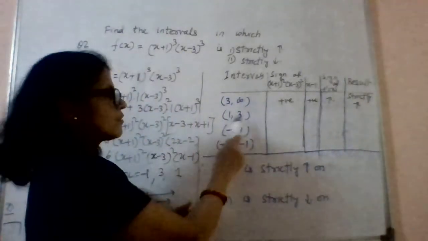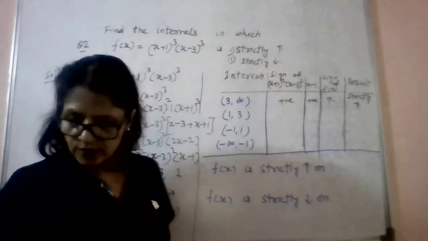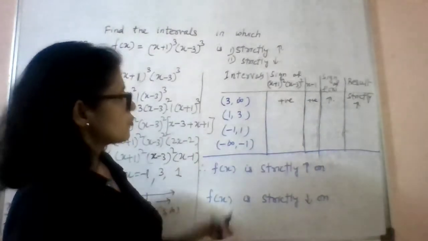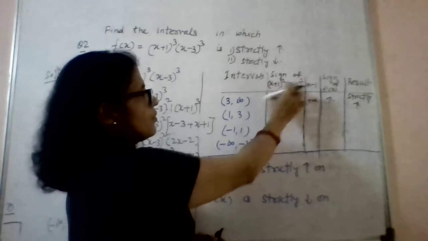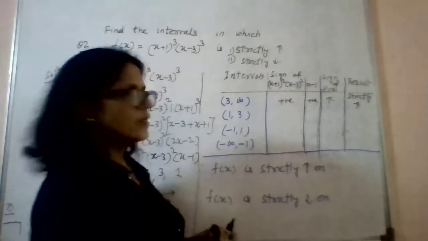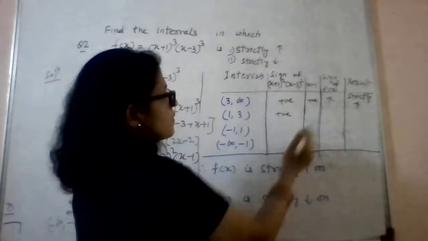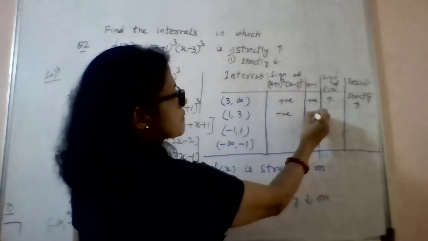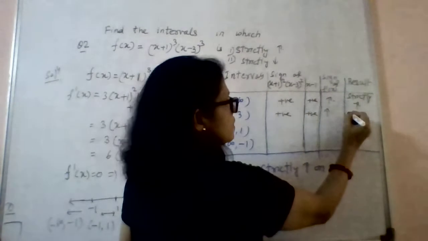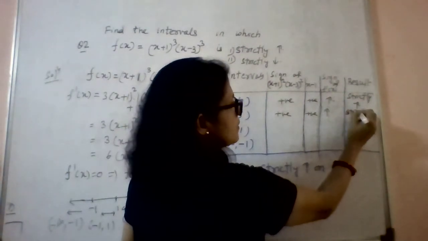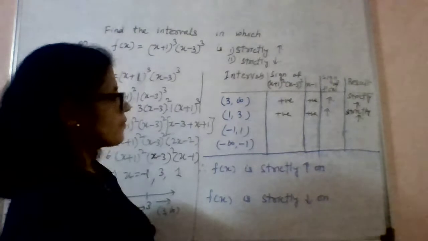Next, 1 to 3. A number which is more than 1 and less than 3, so maybe you can consider 2. So (2 plus 1) whole square greater than 0, (2 minus 3) whole square greater than 0, so it is positive. Now 2 minus 1 is positive. So it means f dash x positive, strictly increasing here. Then minus 1 to 1.